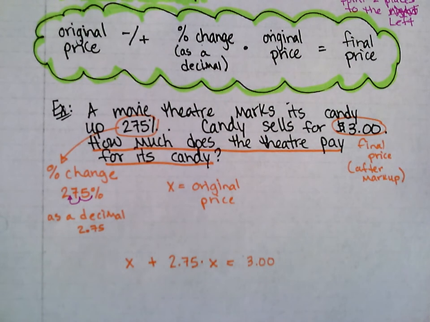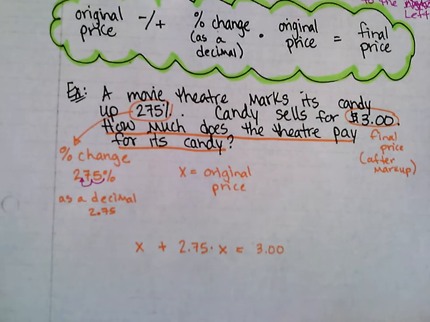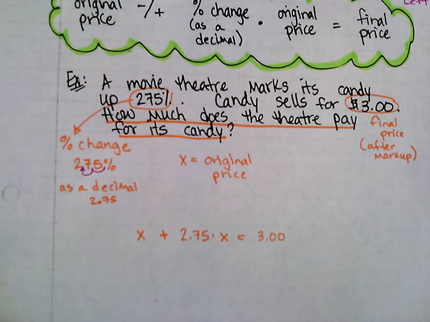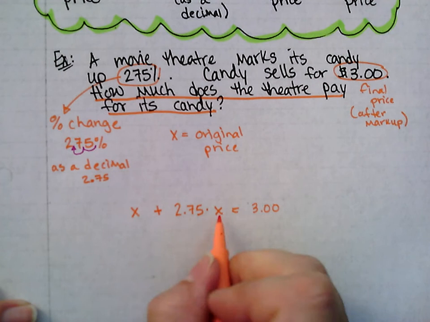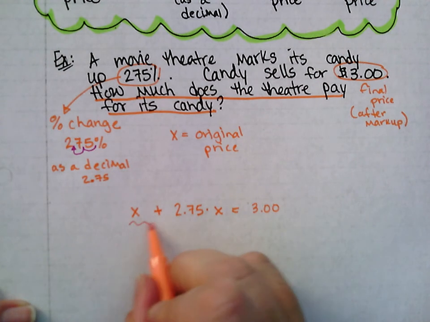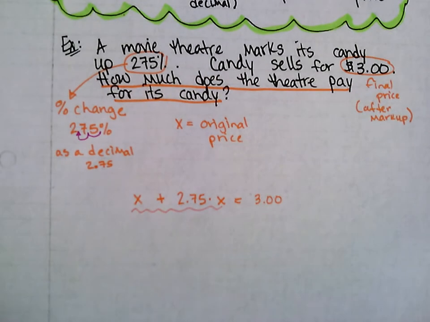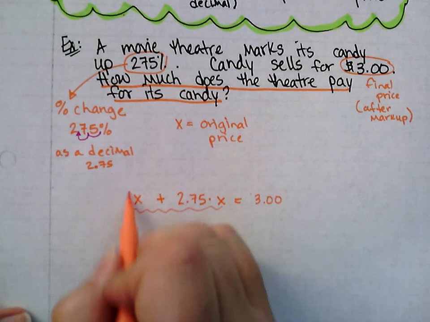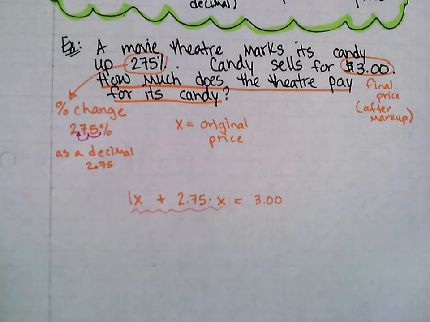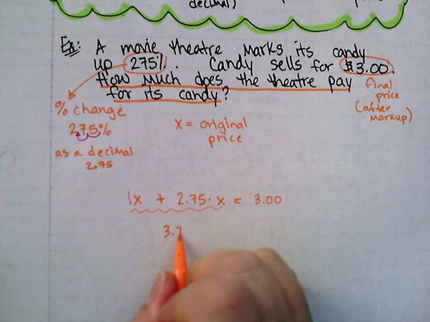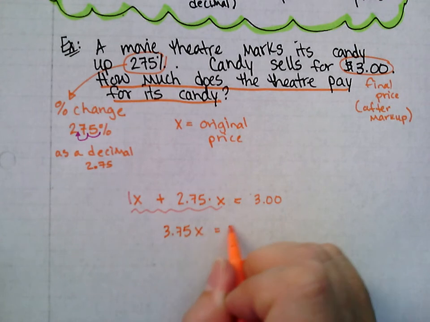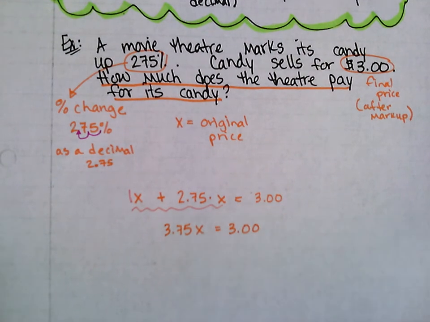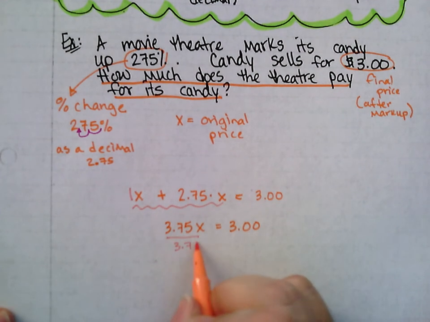And now we're just going to solve this equation like we normally would. x plus 2.75x, that's just combining like terms, because remember I have an invisible 1 out here. So 1 plus 2.75 would be 3.75x equals $3. And then divide both sides by 3.75.